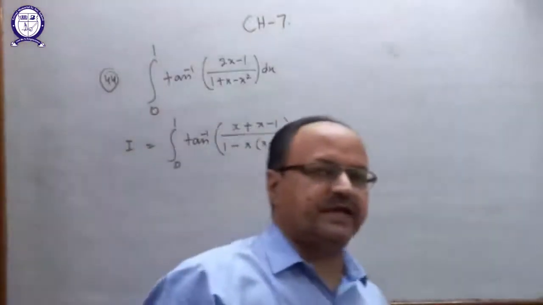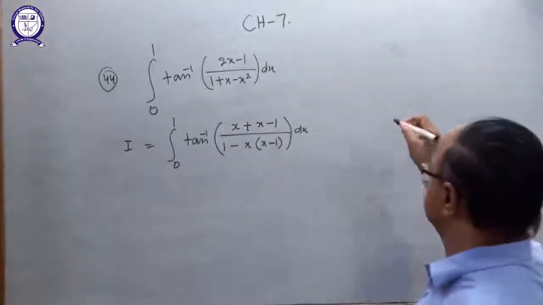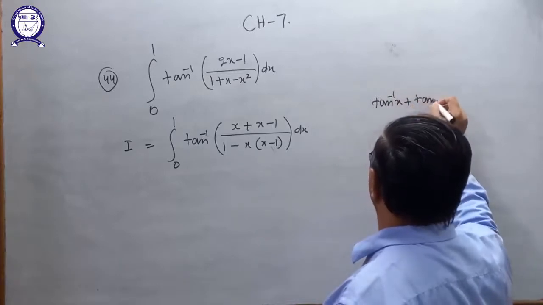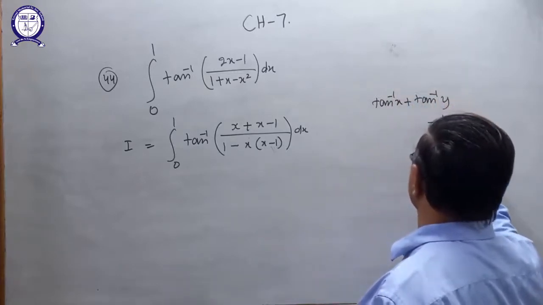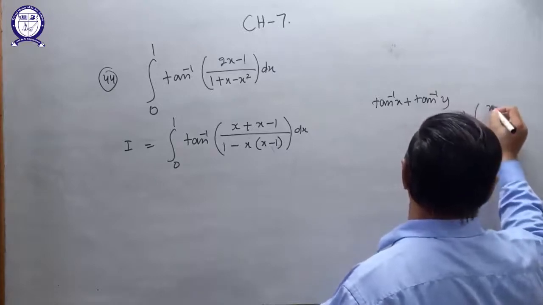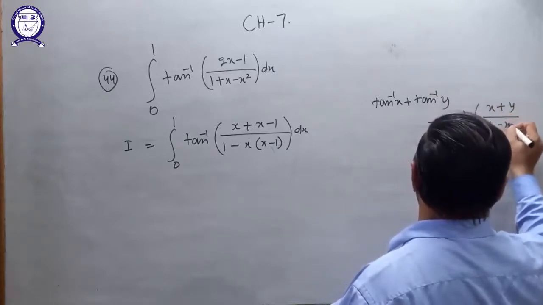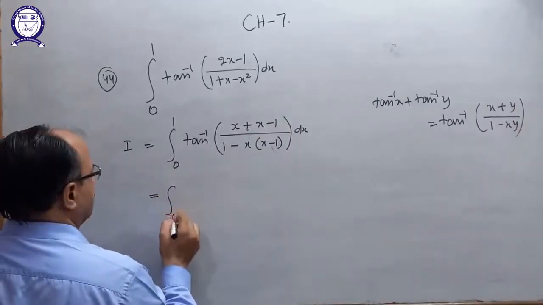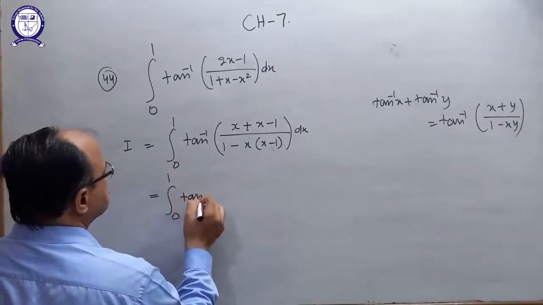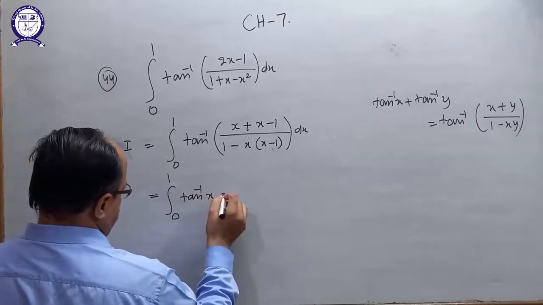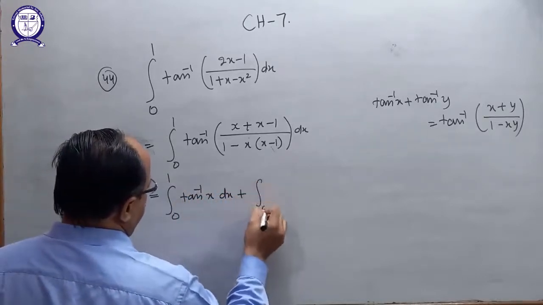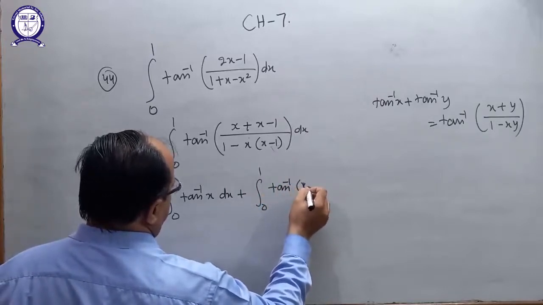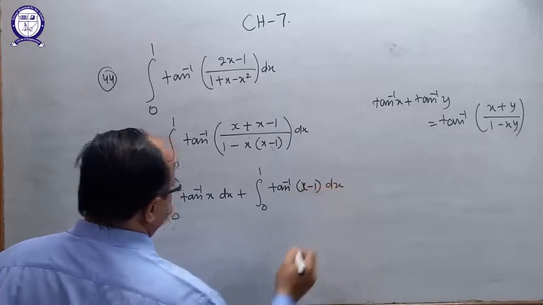You know the property tan inverse x plus tan inverse y from the second chapter, that is tan inverse of (x plus y) upon (1 minus xy). Apply this property here. Integration 0 to 1 tan inverse x dx plus integration 0 to 1 tan inverse (x minus 1) dx.